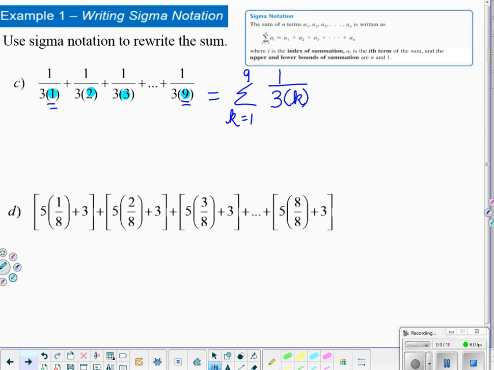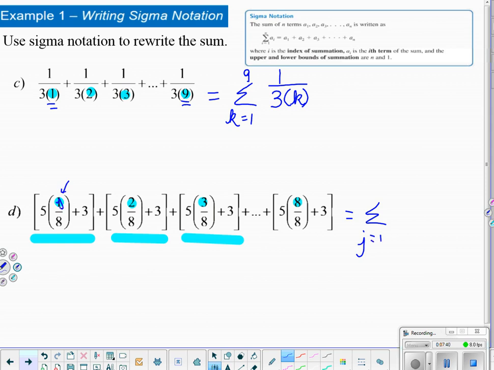Next one, looking this one over, where are the changes occurring? That number seems to be changing. Everything else in each of these terms seems to be staying the same, right? A 5 over 8, plus 3. So we could write our summation on this. Let's use J this time, just for fun. If I started at 1, then this could simply be written as a J, right?